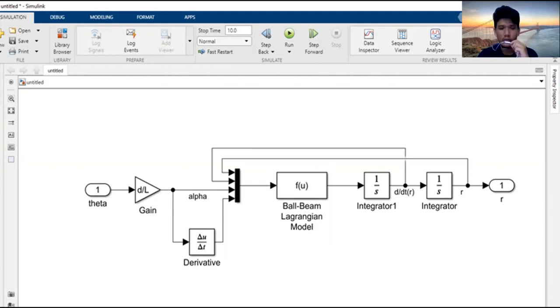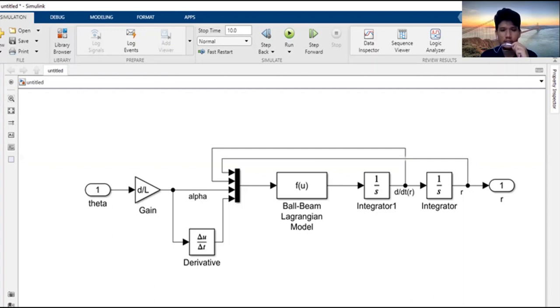Insert an In1 block and a Gain block from the Commonly Used Blocks library and connect them to each other. Next, label block In1 as data and edit the gain value to d over L. Connect the output of the gain block to the third input of the Mux block and label it as alpha.